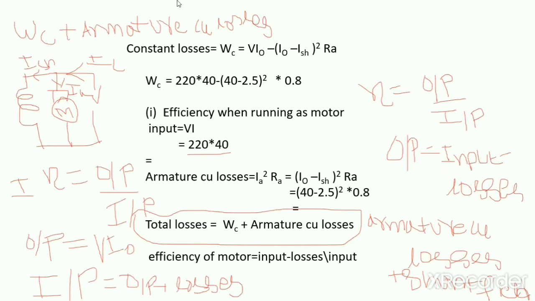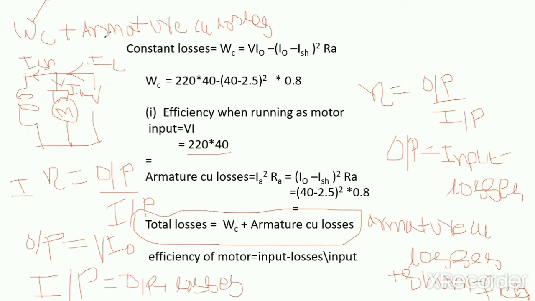What is the formula for WC? That is already calculated. That is V I naught minus ISH whole square into RA. This is the WC, the constant losses.